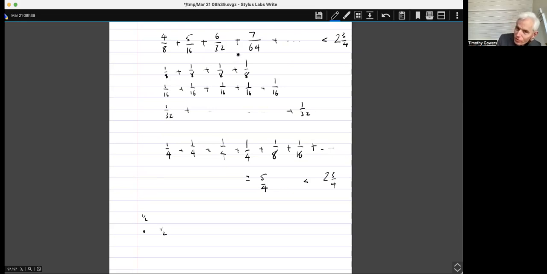So what I want to show is somehow that I can't fill up anything like 2 3/4 worth of the area that's outside these 6 points. But how would that work?